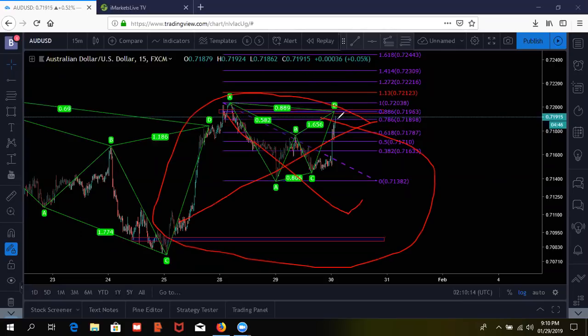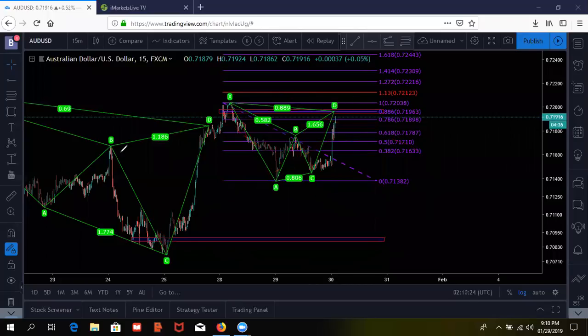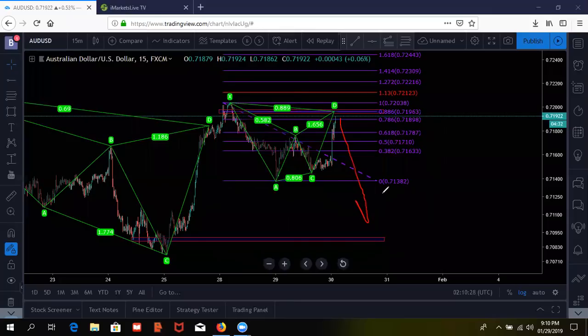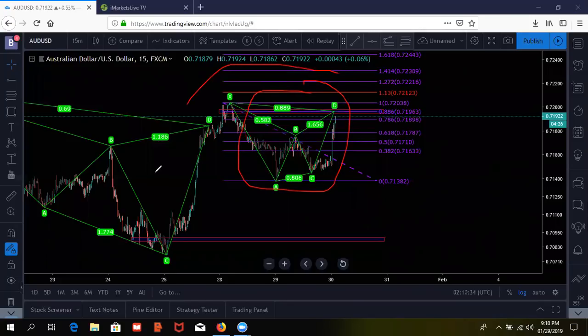But if this level holds and it doesn't break above that X leg, then I might ride it all the way down here and possibly get a nice trade opportunity. So I'll be selling it to the downside right here, and then buying it back up, because I have two harmonic patterns in one.